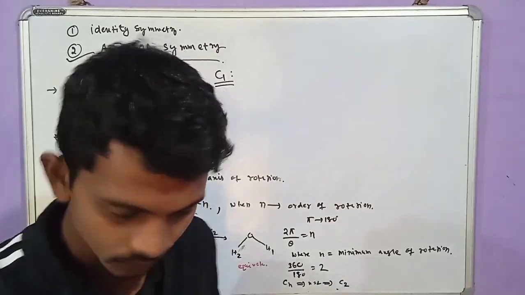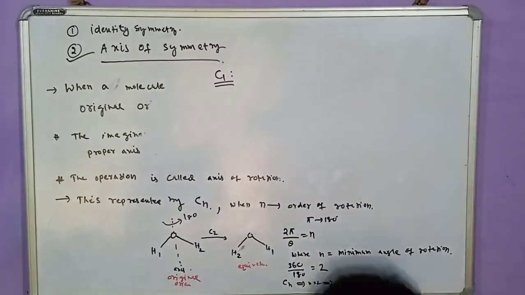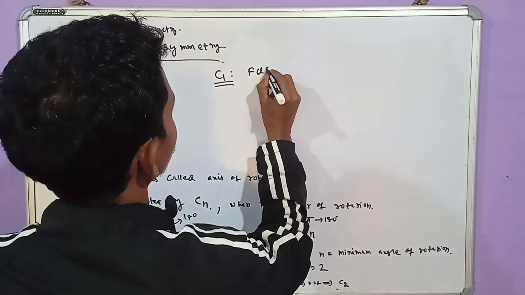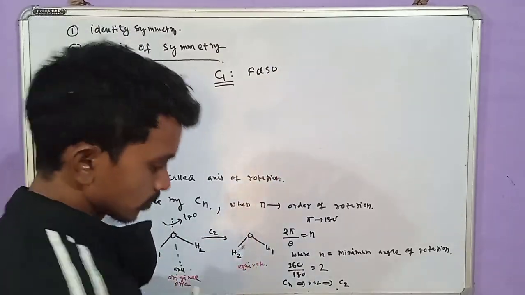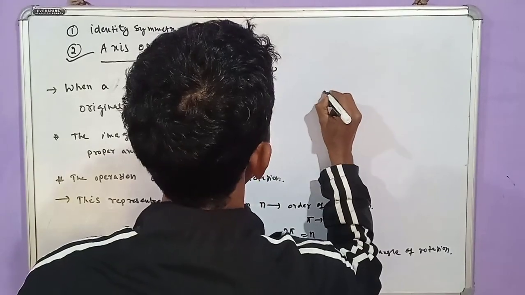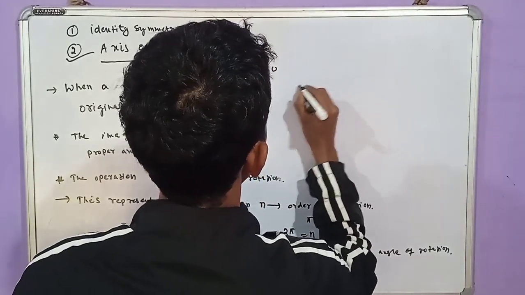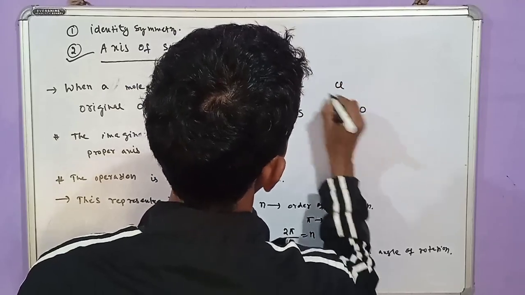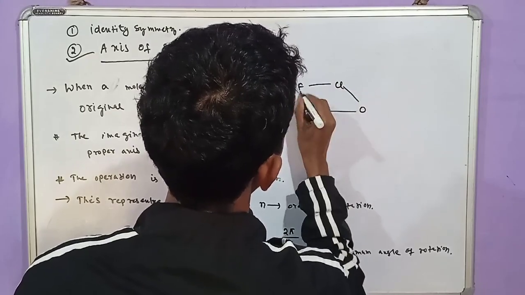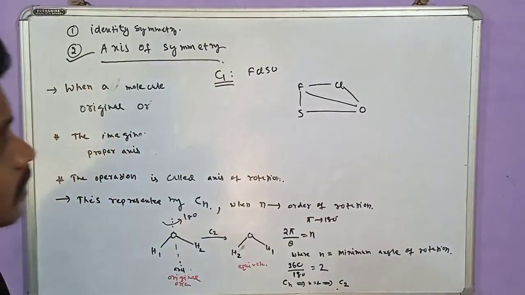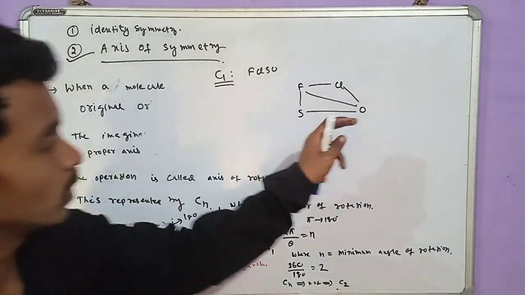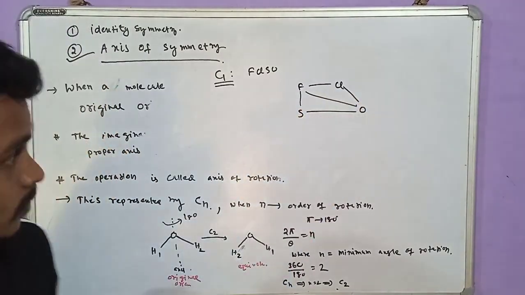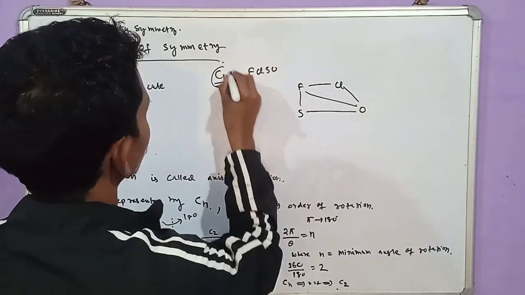Let's say the example is FClSO, the molecule is like F, S, Cl and O. In this type of molecule we will not get any axis of symmetry because all atoms are different. So this is an example of C1.